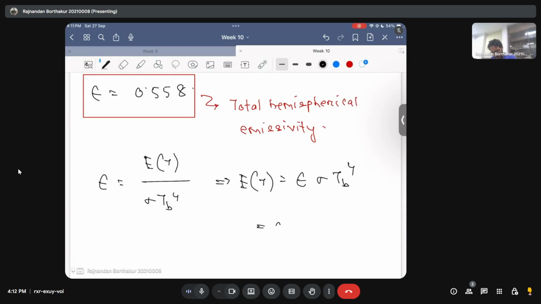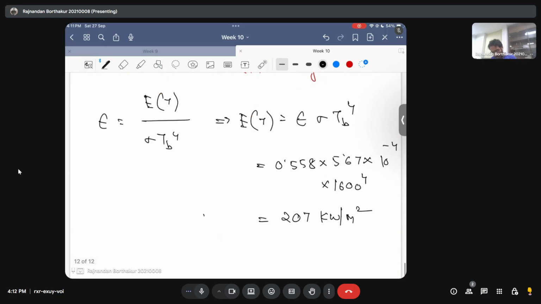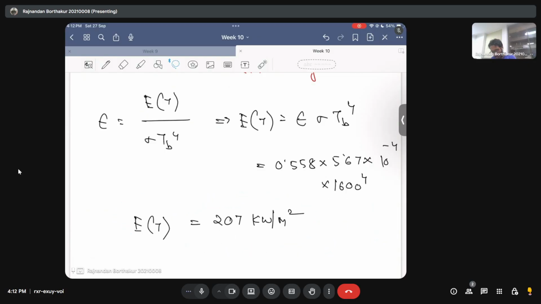The total emissivity being 0.558, sigma is 5.67 into 10 to the power minus 8, and then your temperature, if you remember, was 1600 to the power 4, and if you calculate this, it will come out to be equal to 207 kilowatt per meter square. So that's the total emissive power of the real body, basically. That's it.